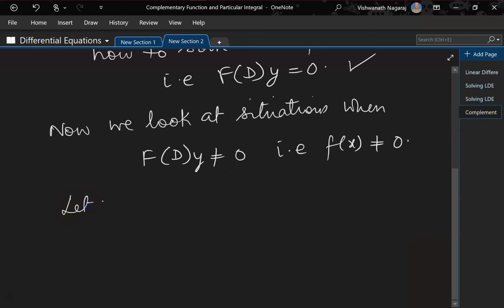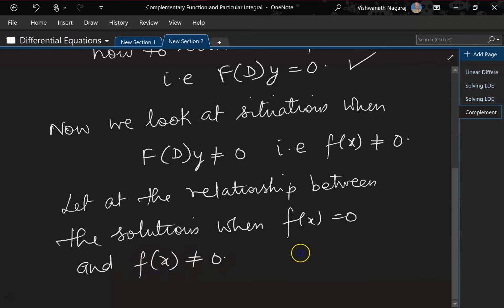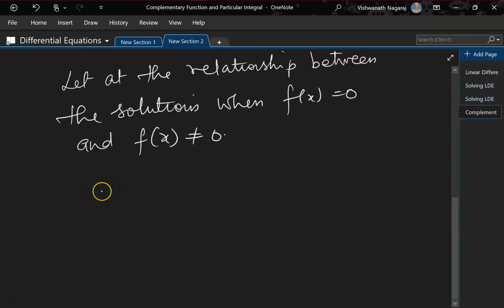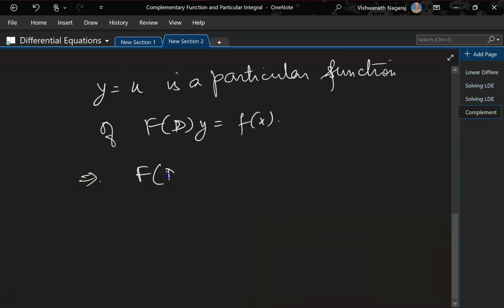So let's look at the relationship between the solutions when f of x is equal to 0 and when f of x is not equal to 0. To begin with, let's say y is equal to u is a particular function of f of D y is equal to f of x, which implies f of D u is equal to f of x.